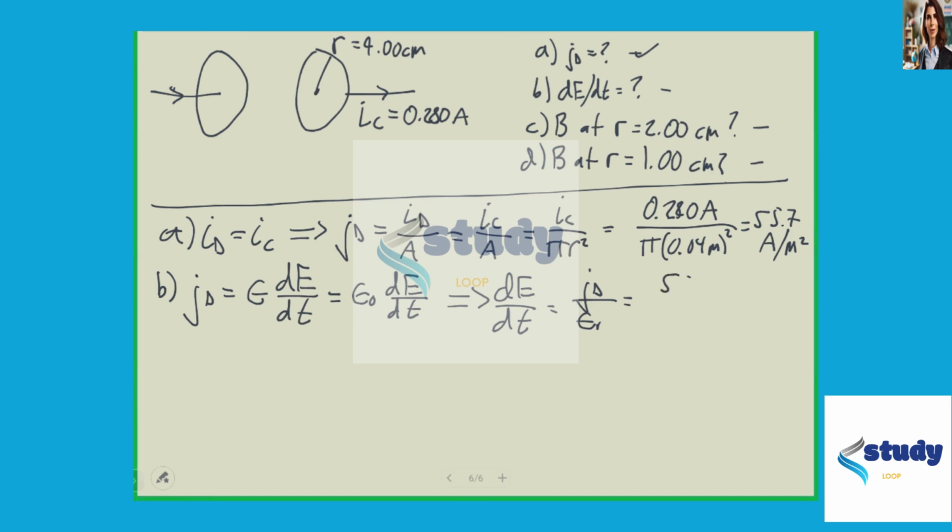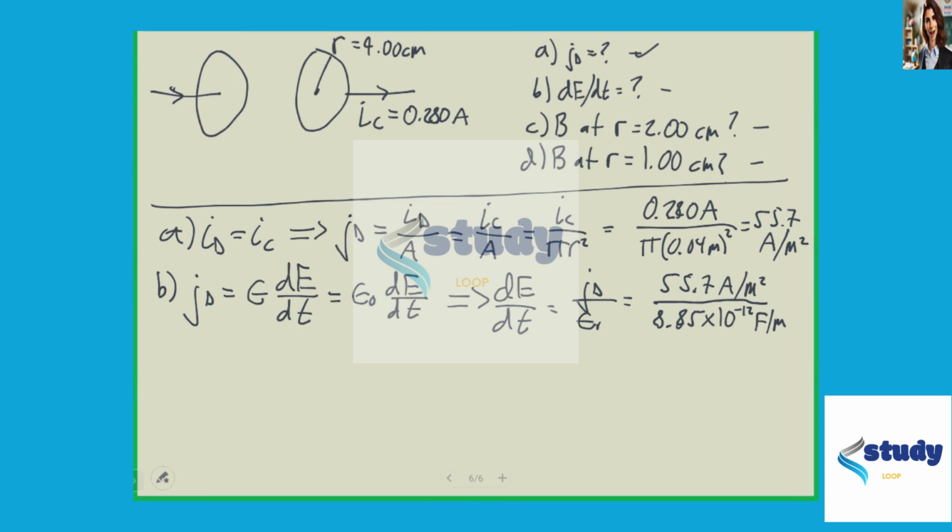That's 55.7 amperes per meter squared. And epsilon naught is a known constant, 8.85 times 10 to the minus 12 farads per meter.